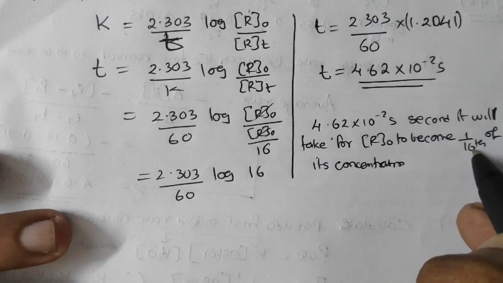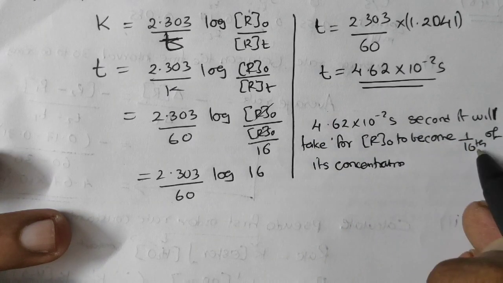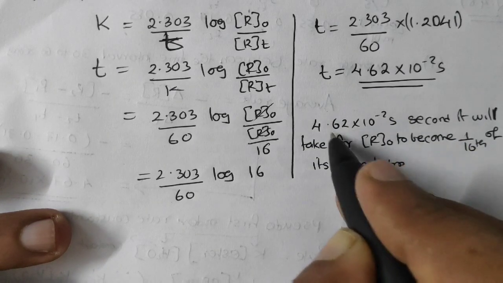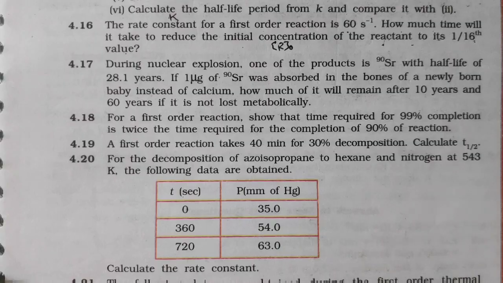Clear? Means R0 becomes 1/16 in this many seconds. Its concentration will become 1/16 in this many seconds. Okay? Understood? Now the next question.